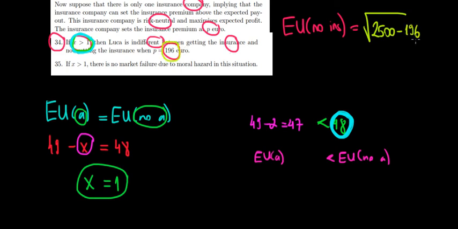So 2500 minus 196 would equal 48. And the expected utility of not using an insurance would also be equal to 48. So indeed, Luca would be indifferent between these two. The answer here is yes, he's indifferent between getting and not getting the insurance when that premium is 196 euros. So it is true, and we are done.